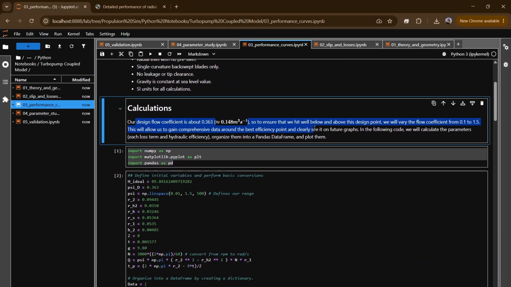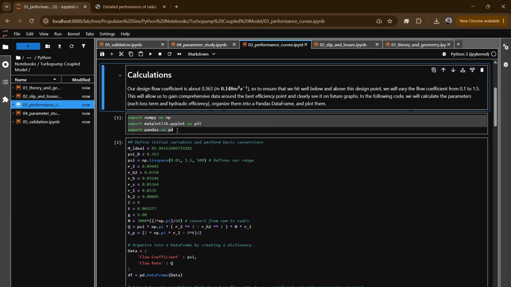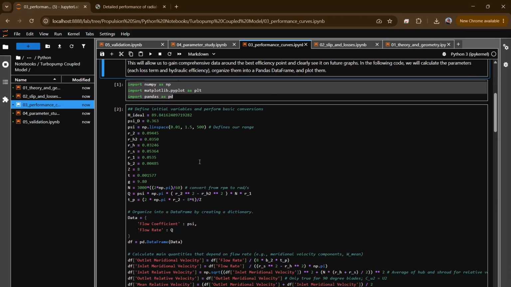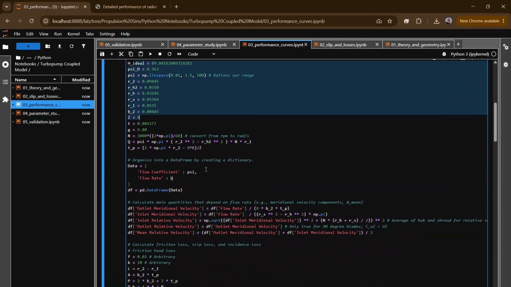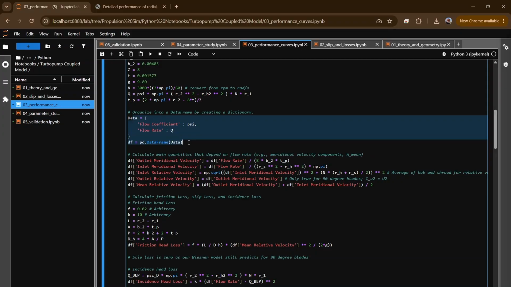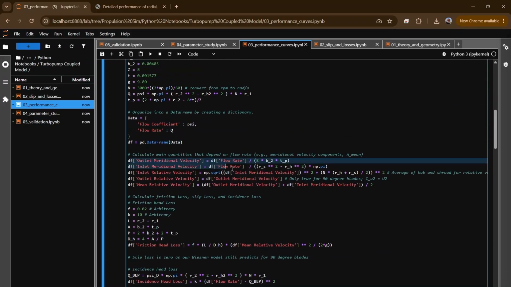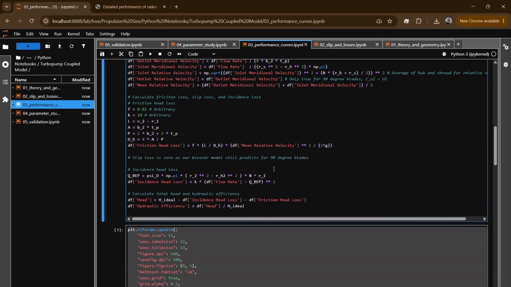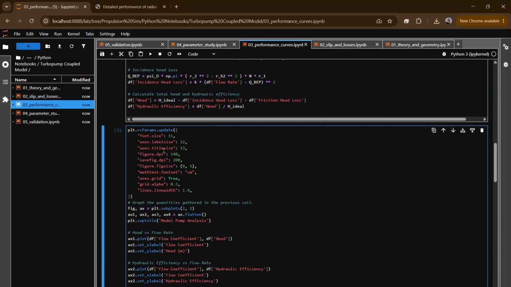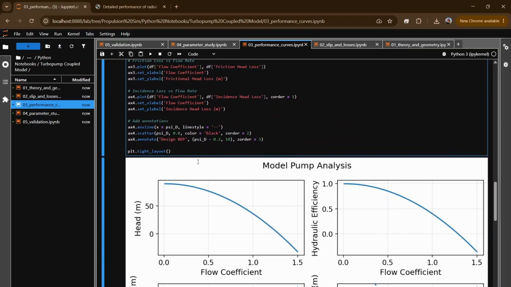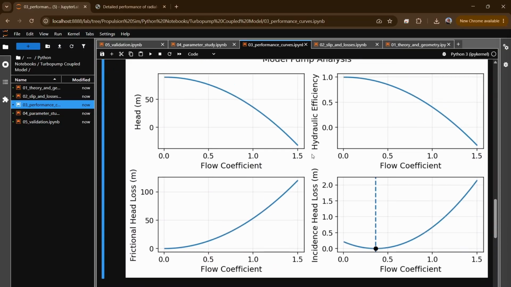So we have a design flow coefficient here at 0.363, which is about 0.148 meters cubed per second. In the following code, we will calculate the parameters, organize them into dependence data frames, and plot them. So we have all the variables set up, we create a dictionary, we make the data frames, and we calculate. And then next, we start graphing, and we ultimately get these graphs.